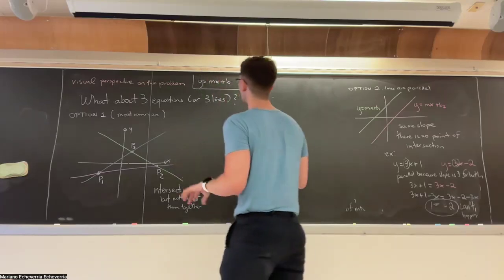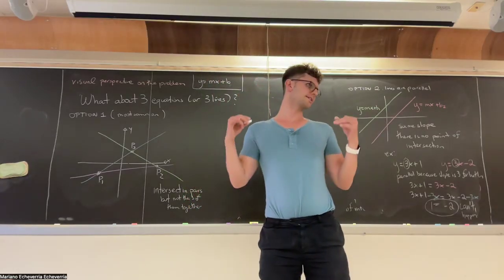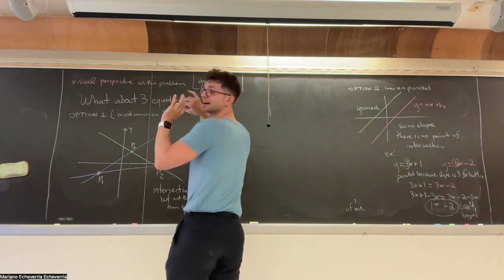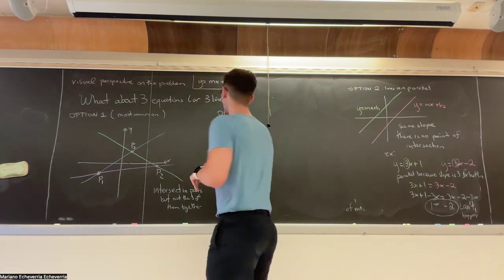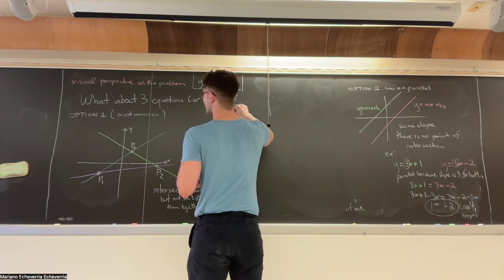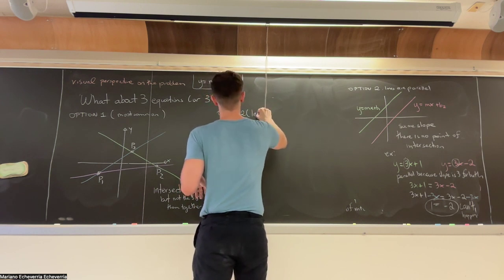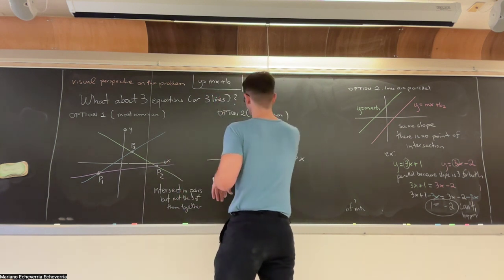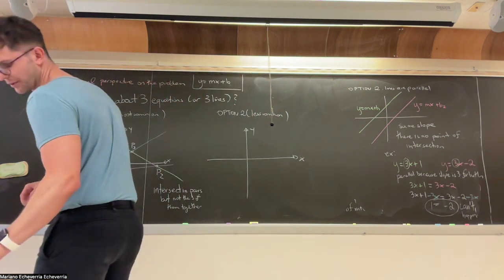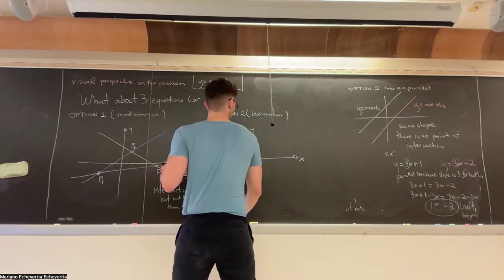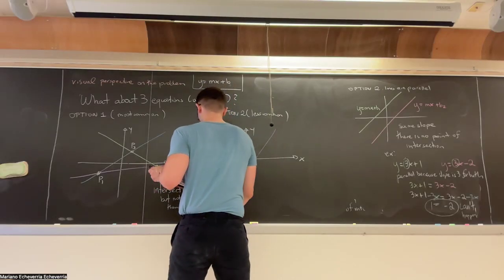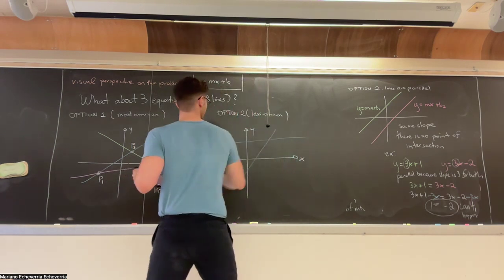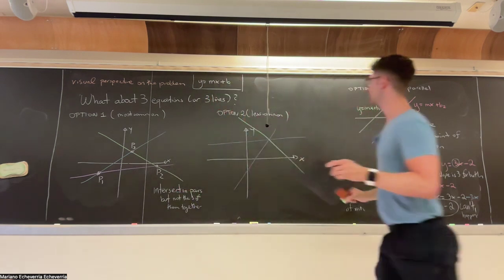And then option two, which you have to be super lucky for this to happen, is that the three happen to go all through the same point. That is less common because you really need to nail things down to make it work. So option two, less common because it's really special for that to happen, is something like that.